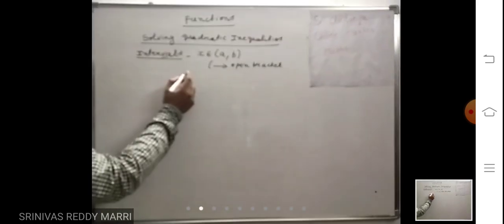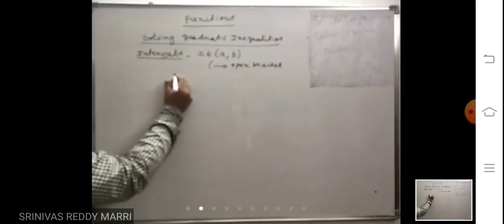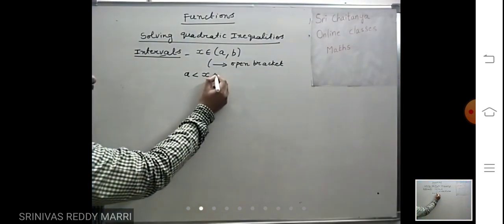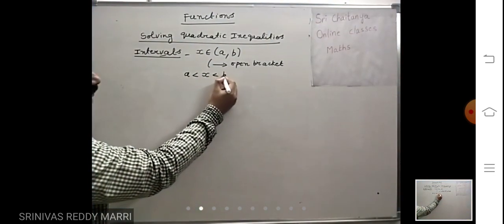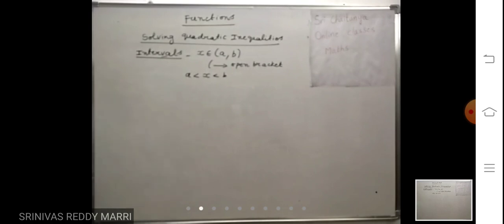X belongs to (A, B) means A less than X less than B, X lies between A and B.